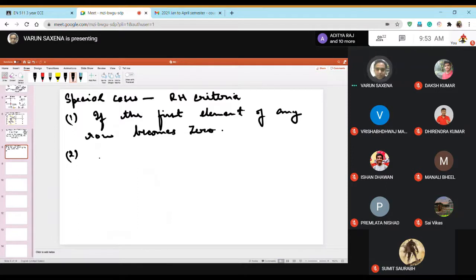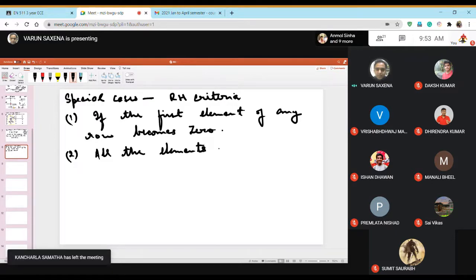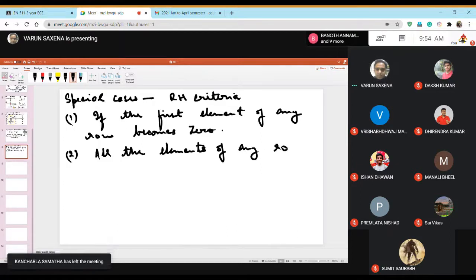The second is all the elements of any row becomes 0. The entire row becomes 0.